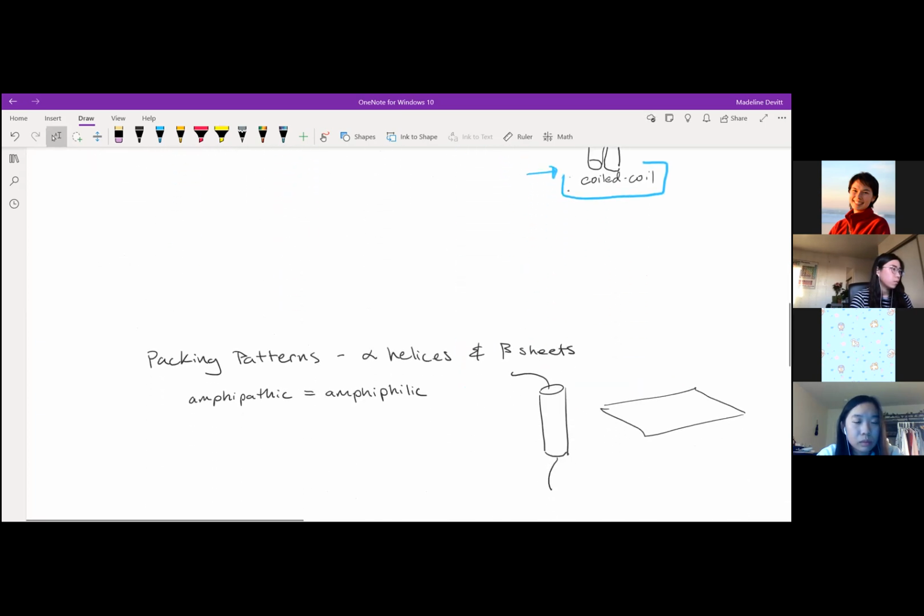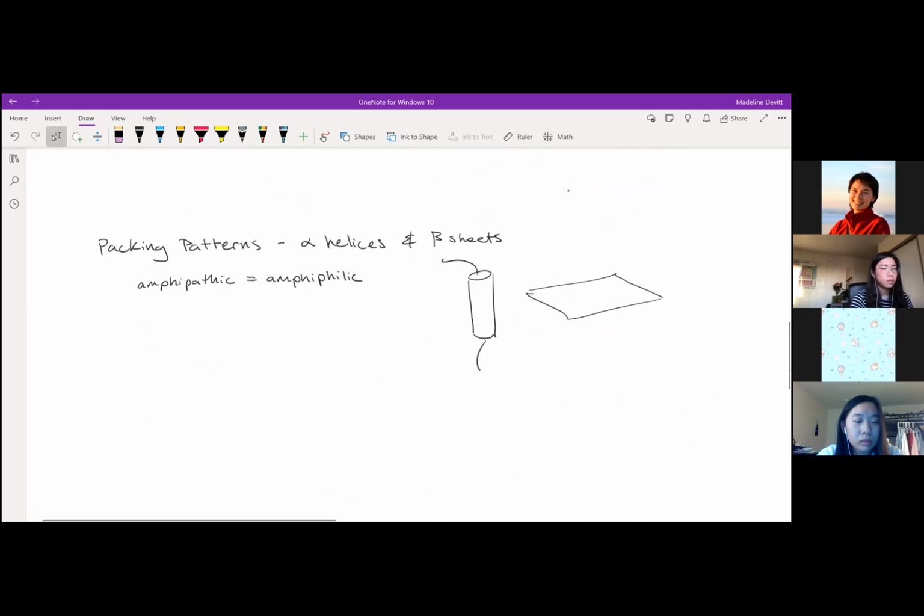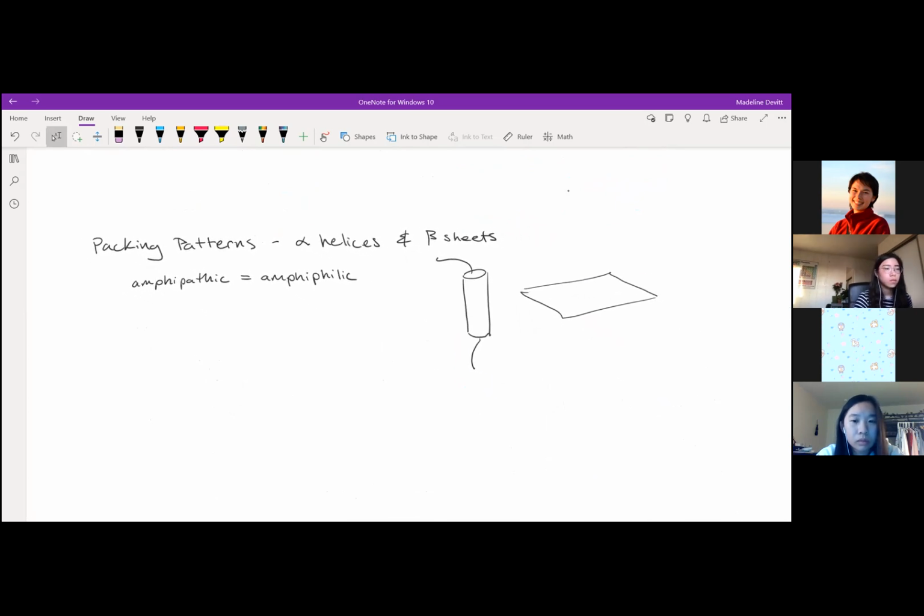Seeing as the driving force for a lot of protein folding is the formation of hydrophobic cores or regions, key features of this are amphipathic or amphiphilic alpha helices and beta sheets.